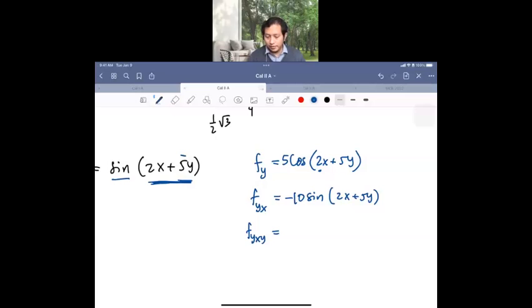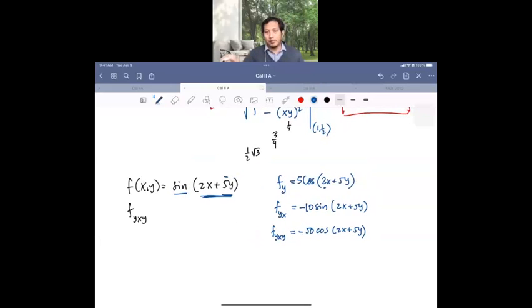So we will have negative 50 cosine(2x plus 5y). Okay, I think not a problem at all. You just need to be careful when you're dealing with partial derivatives. Be careful which variable you are going to derive with respect to, x or y. You need to be clear of that.